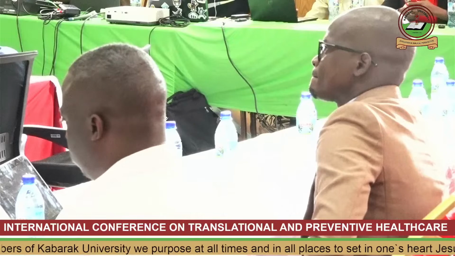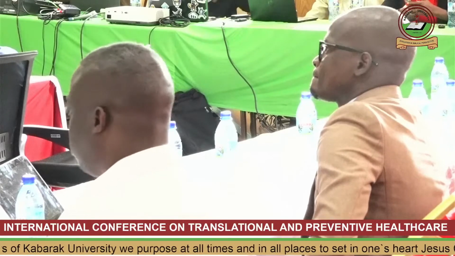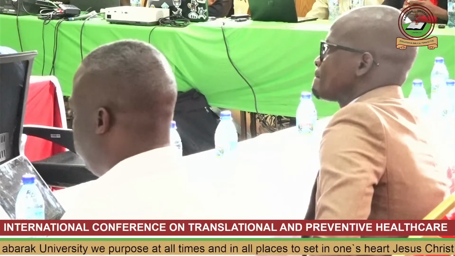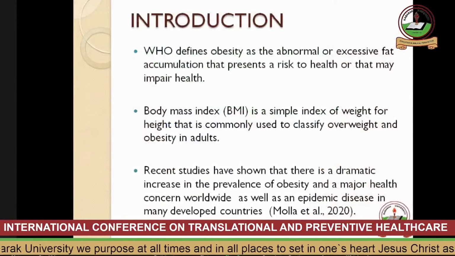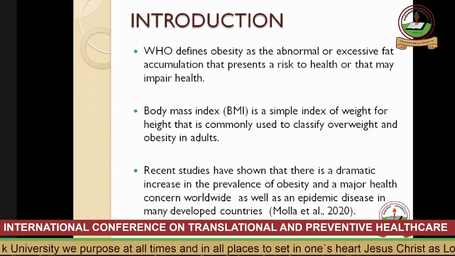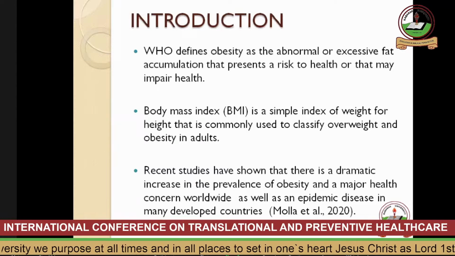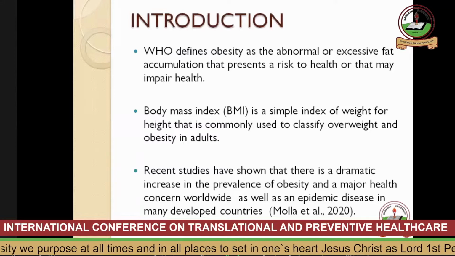The World Health Organization defines obesity as abnormal or excessive fat accumulation that presents a risk to health or may impair health. Body mass index is a simple index of weight for height that is commonly used to classify overweight and obesity in adults.